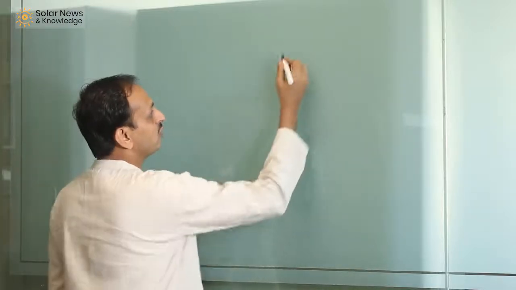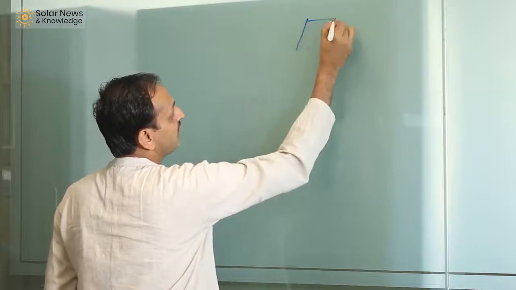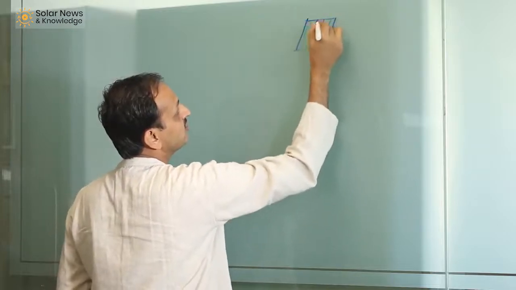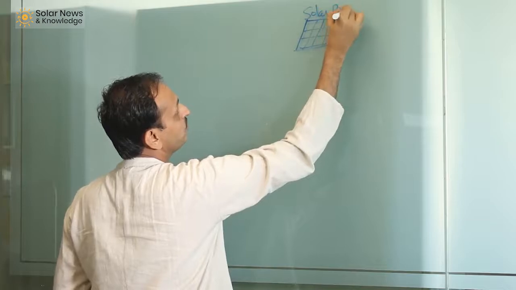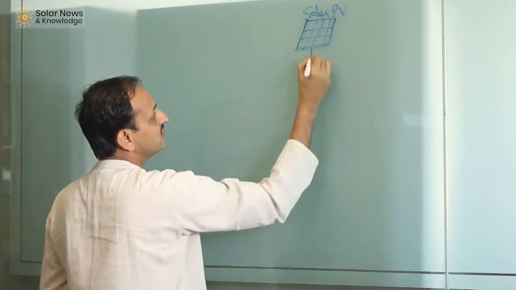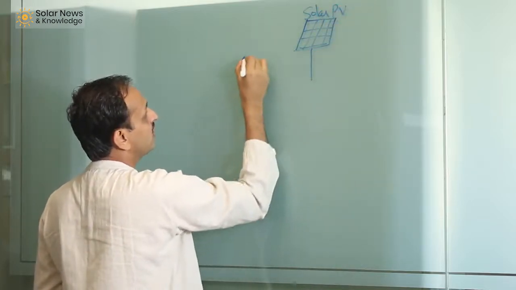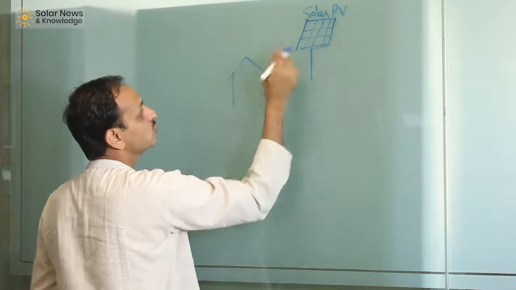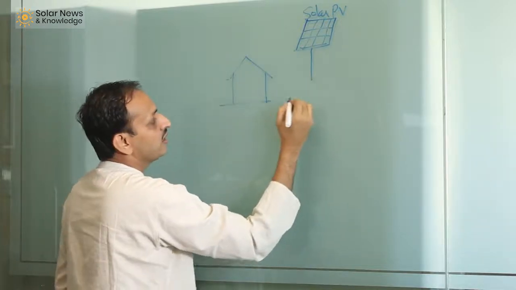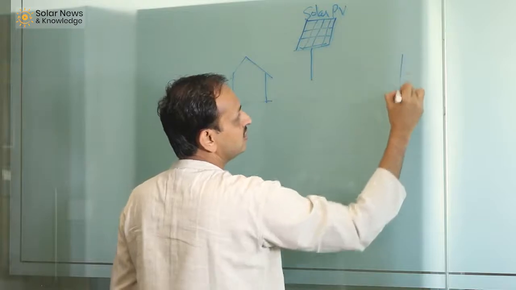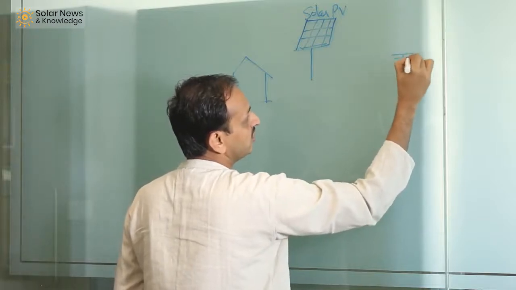So what you're doing is you're having a solar PV system. Let's say this is your solar PV system, and this system is connected with a house, and this solar system can be on the rooftop. I'm just showing it separately here, and then there is a grid from where you are taking the power.